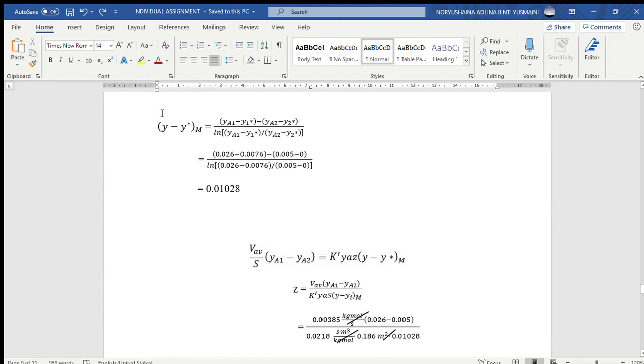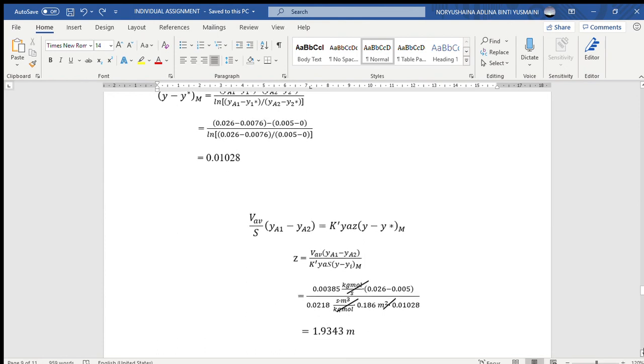That is why first I find the value of y minus y star m. This is the equation I got from appendix 2, and I substitute all the data of y1, y1 star, y2, y2 star, and I got the value for y minus y star m is equal to 0.01028.